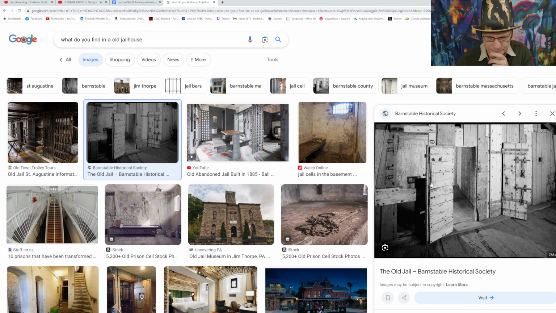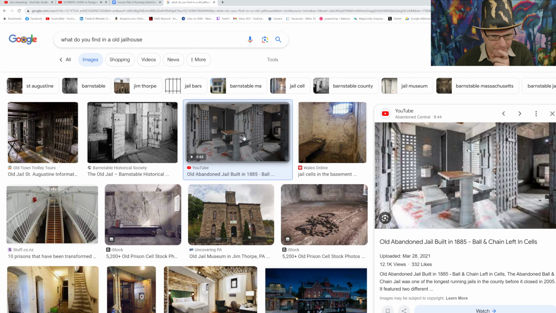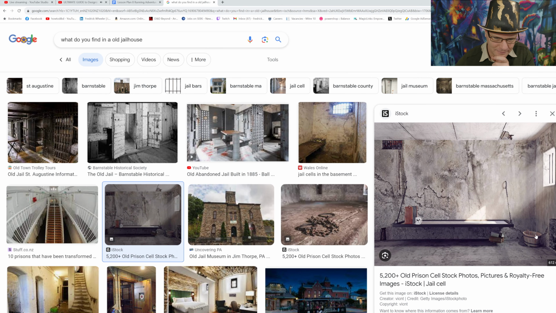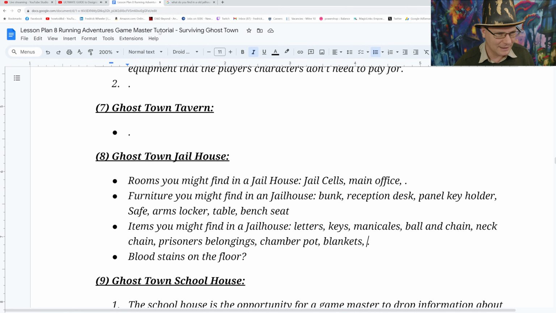What else have we got here? No. This is a bit too modern. And then, what's this? Oh, there's the piss bucket you were referring to. It's not really a chamber pot. So maybe we should have a chamber pot or a piss bucket. Let's put in both, shall we? It's just fun.